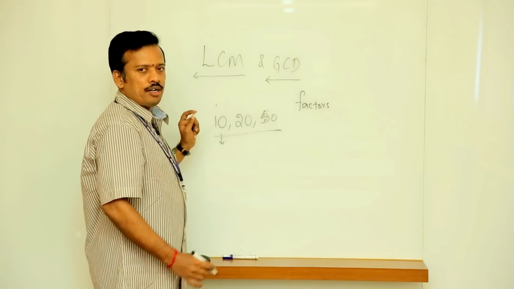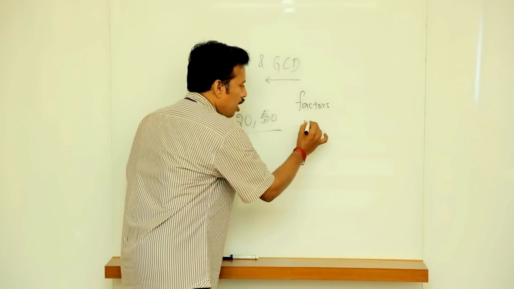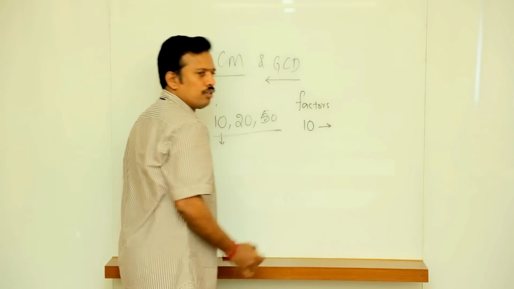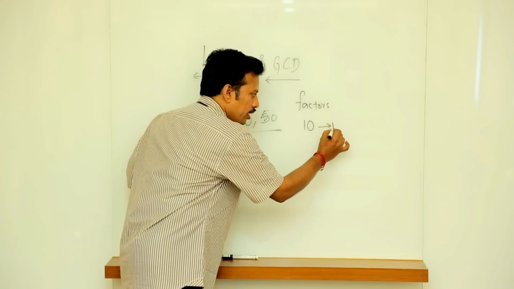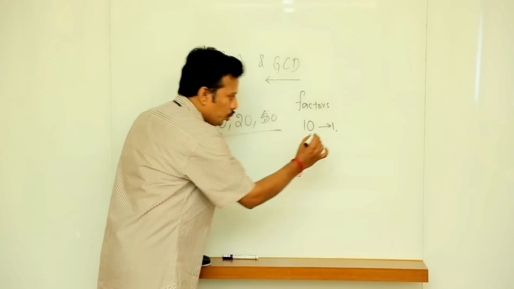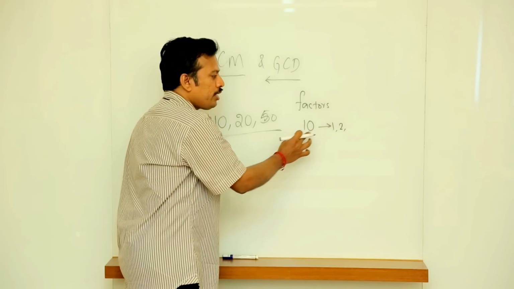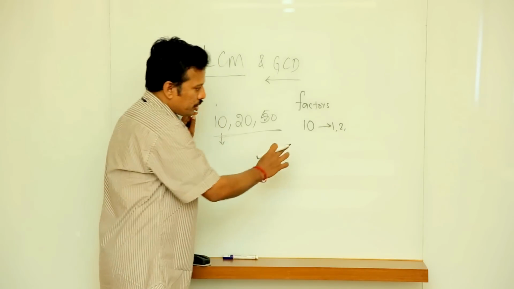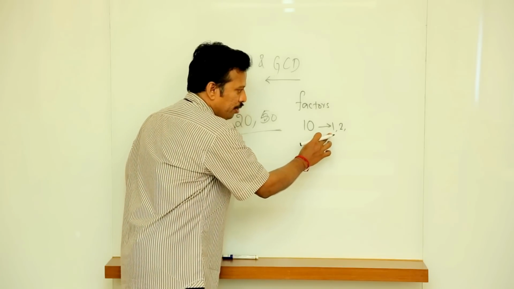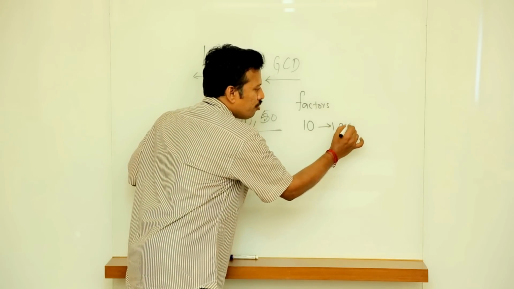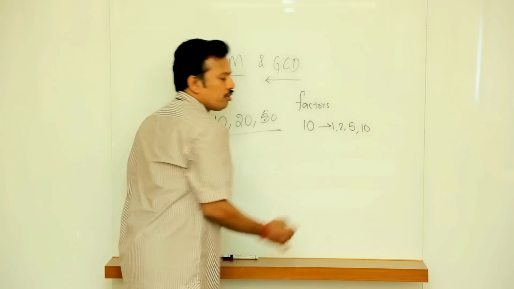So, what are the divisors of 10? 1 is a divisor, 2 is another divisor. Divisors are the numbers that leave a remainder 0 when you divide. So, 10 is divisible by 1, 2, 5 and 10.